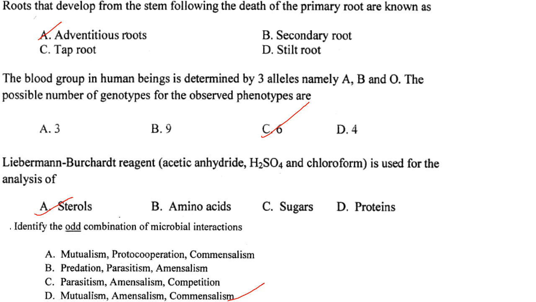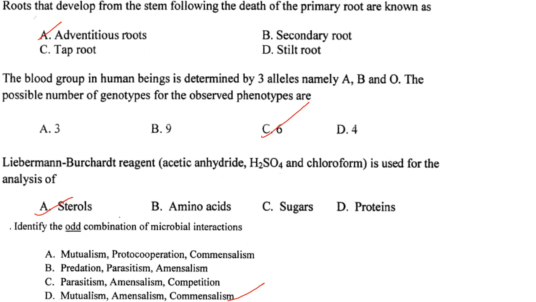Then next one. The blood group in human beings is determined by alleles, namely A, B and O. The possible number of genotypes for the observed phenotypes are. So what are the possible number of genotypes? There are 6 possible number of genotypes for the observed phenotypes.